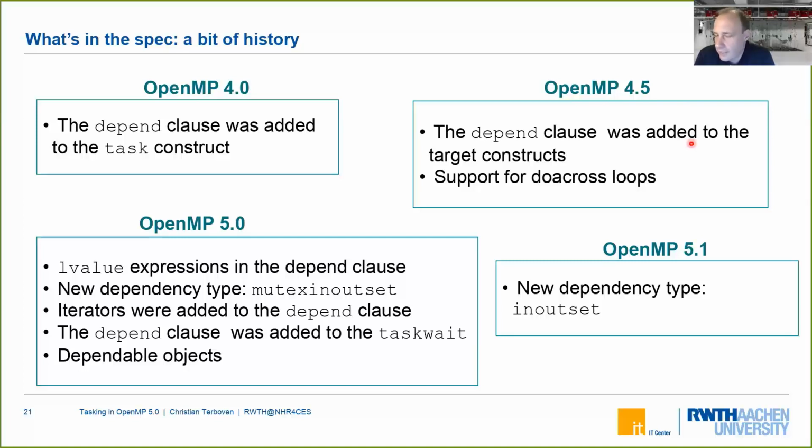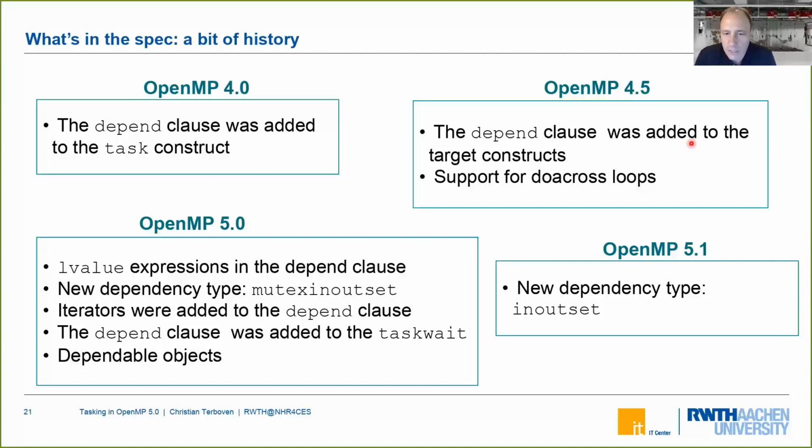And with that, I think OpenMP fully supported asynchronous GPU programming or asynchronous kernel offloading. And because target, meaning a kernel offload, is also a task, we can make use of task dependencies to express data flow dependencies between data management directives or the kernel offloads between the host and the device.